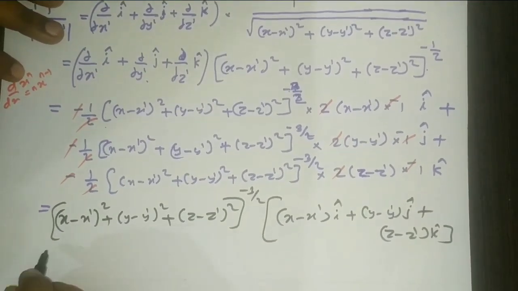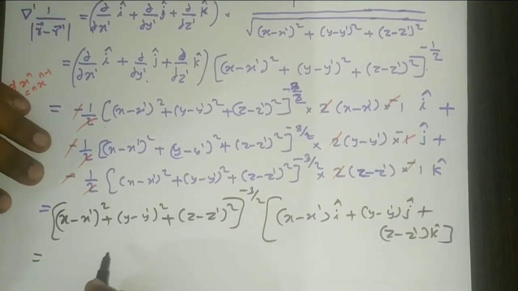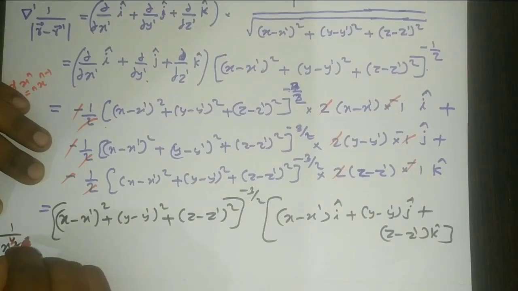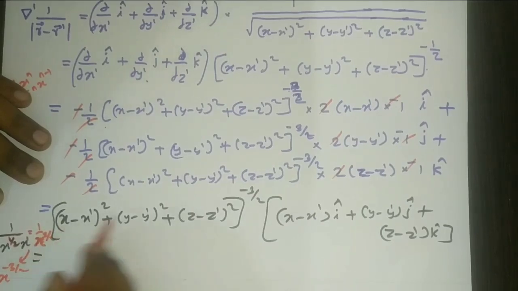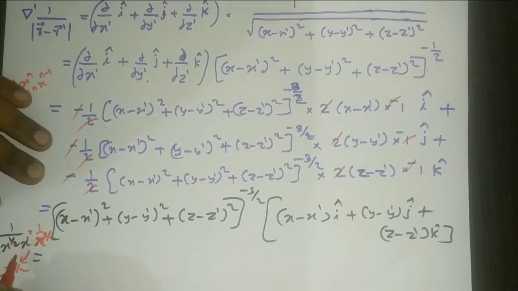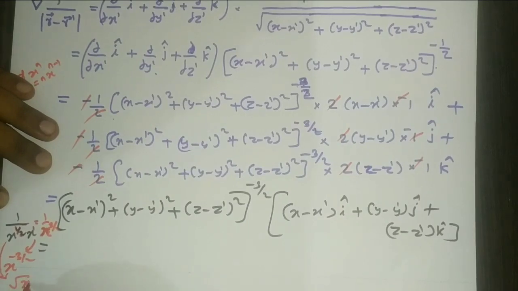Now this relation you can write like this: x to the power 3/2 in the denominator is nothing but x to the power minus 3/2. In a similar fashion, this x^(1/2) can be written as root x.